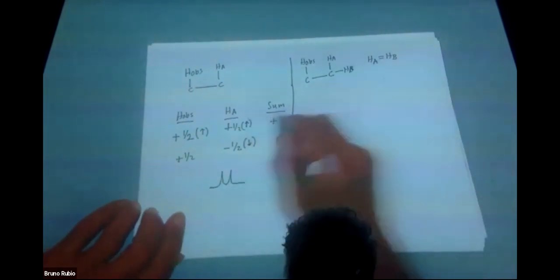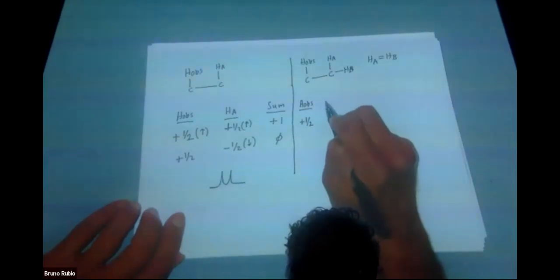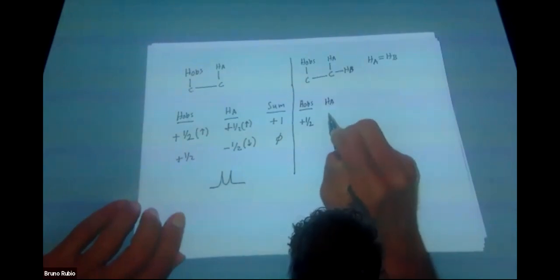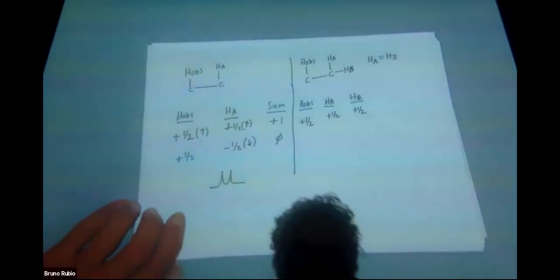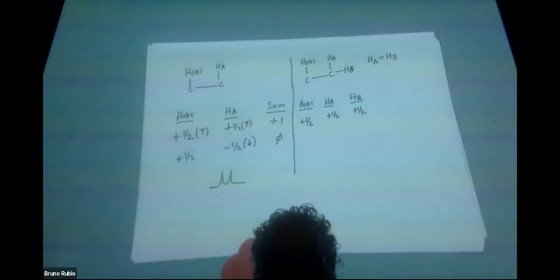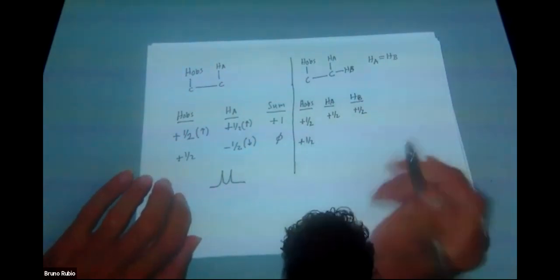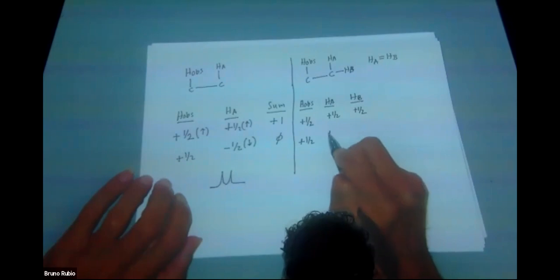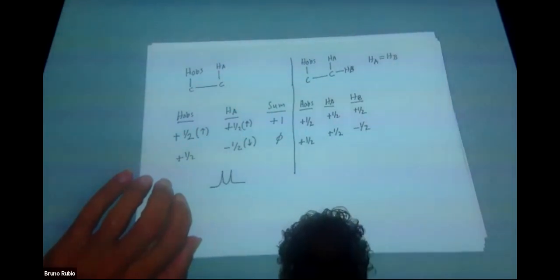Okay, so we can make this little character table once again. The observed proton always has to be spin up, plus 1/2. But HA could be either spin up or spin down. And HB could be either spin up or spin down. So that's one possibility. Everything is spin up. Okay, next possibility: the observed proton has to be spin up, HA is spin up, but HB could be either spin up or spin down.